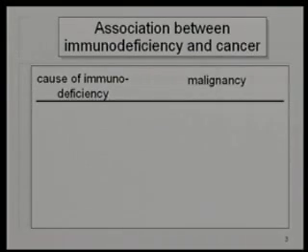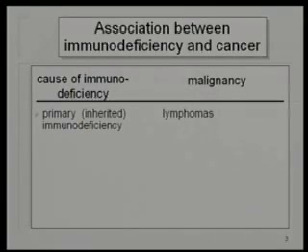Association with immunodeficiency. A lot of those who have immunodeficiencies also have higher incidence of tumors. Primary immunodeficiency: there are a lot of lymphomas associated with primary immunodeficiency.